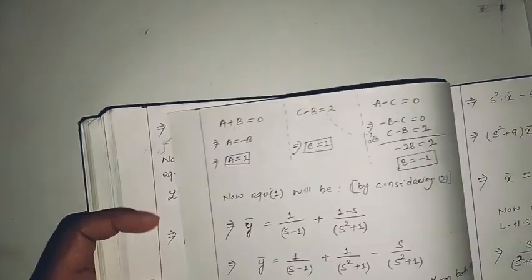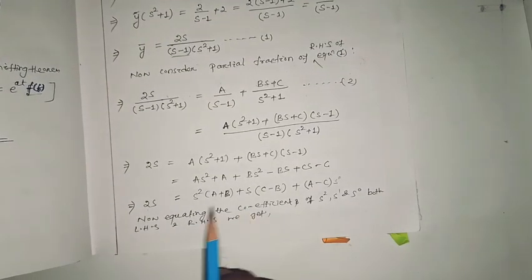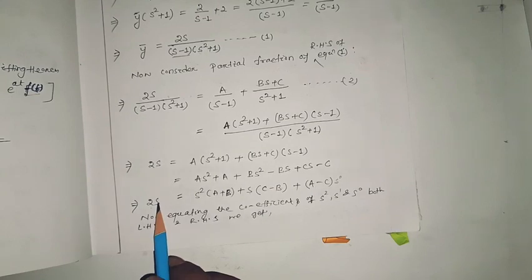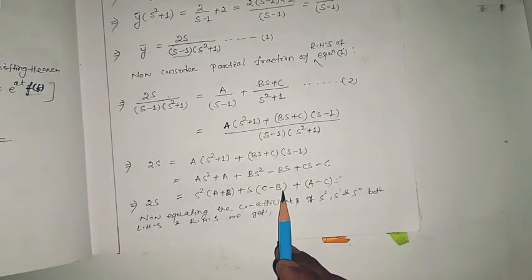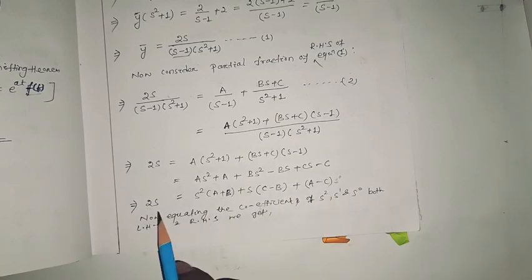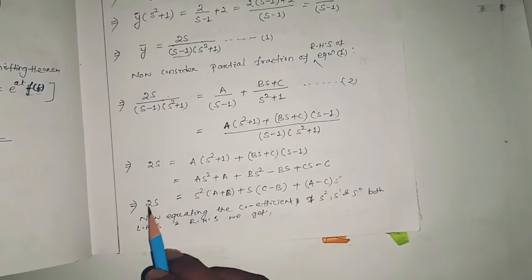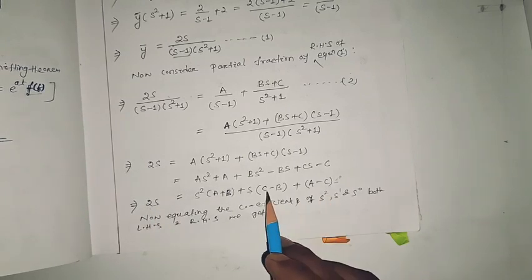Okay, here I have written A plus B equal to 0, so hence A equals minus B. Now here you can see this is s and its coefficient is 2, and here the s coefficient is C minus B. So C minus B will be 2, and A minus C will be 0, because there is no constant term on your left side. So A minus C will be 0, C minus B will be 2.